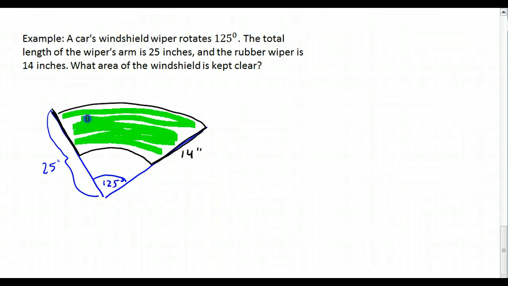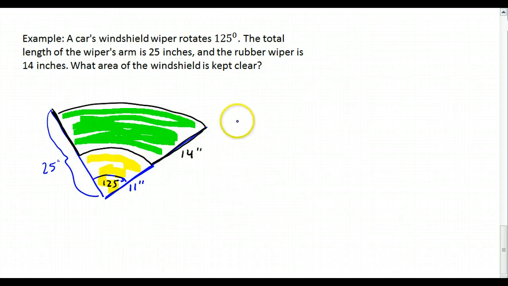Okay, so here's the plan. Let's get the area of the whole pie slice, and we'll subtract off the area of this little pie slice right here. Okay? So if I take away 14 from 25, that'll leave me with 11 inches right here. Okay? So this is 11 inches.